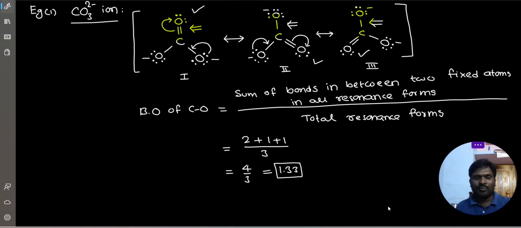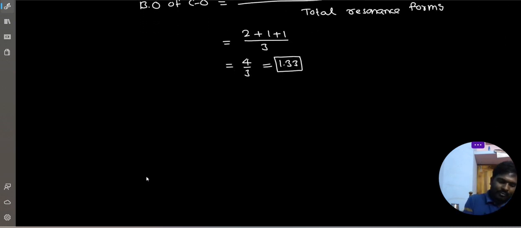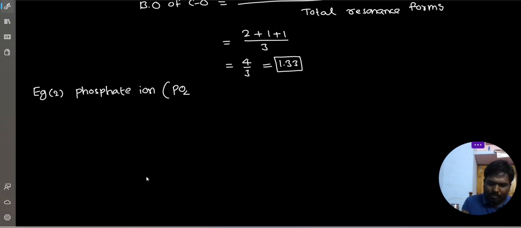Now moving to the second example. Example 2: phosphate ion, PO4 3 minus. We have to calculate the PO bond order in the phosphate ion.